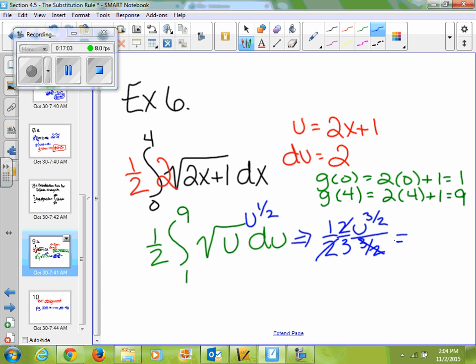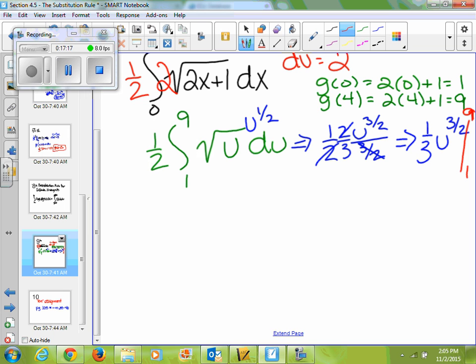So when I simplify, this simplifies to 1/3 u to the 3/2. And I'm going to evaluate that from 1 to 9. So if I start by plugging in 9, I end up with 1/3 9 to the 3/2 minus 1/3 1 to the 3/2.